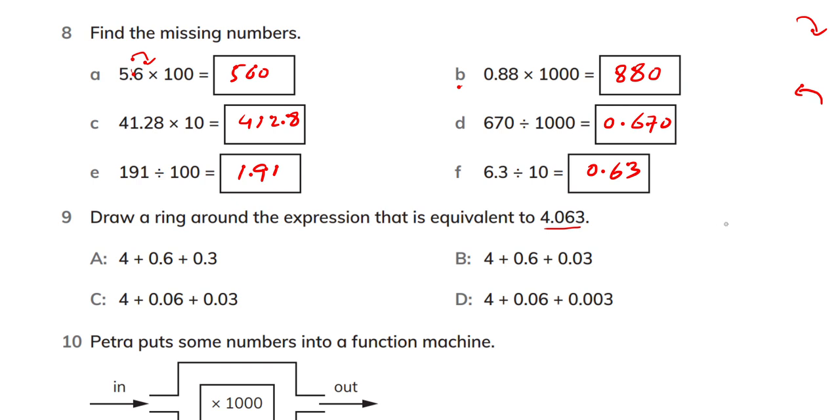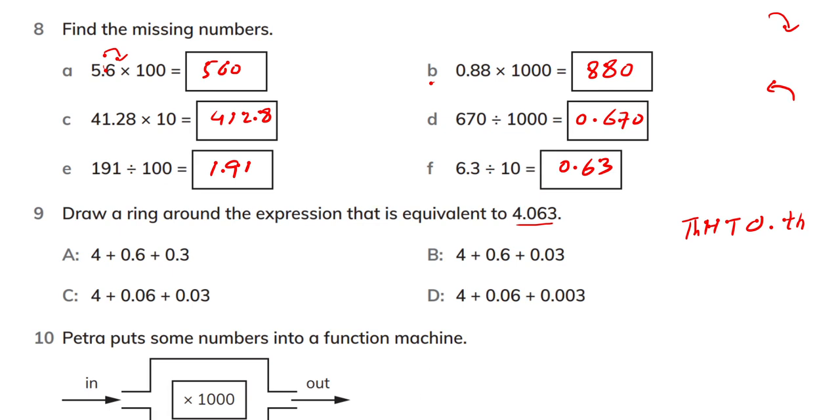Write the names of the places: thousands, hundreds, tens, ones, decimal point, tenths, hundredths, and then the next place is thousandths. Okay, what about 4?